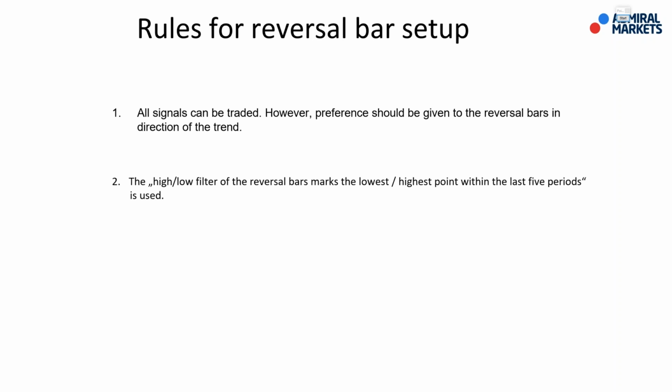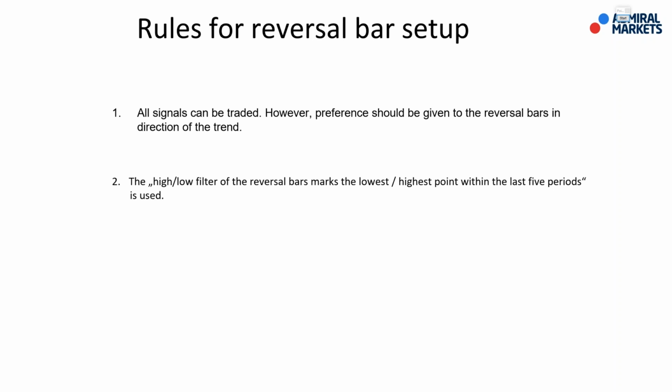Only use it in the direction of the trend. The second rule is the filter: the high or the low of the reversal bar marks the lowest or highest point within the last 5 periods. You remember, if you have a long reversal bar, the best place for the reversal bar is the lowest low within the last 5 candles.